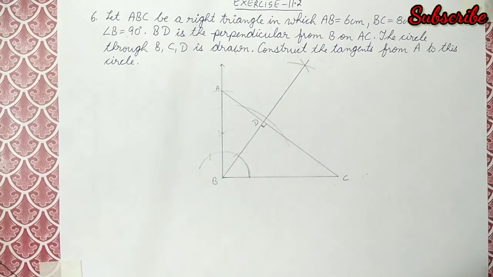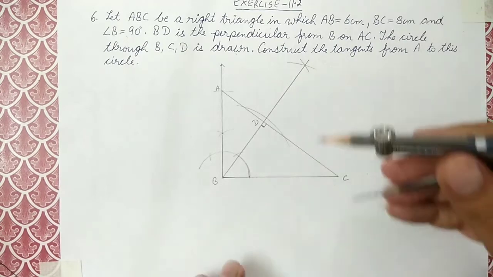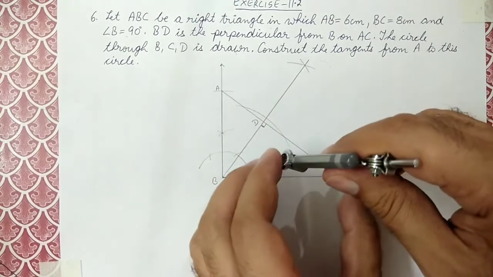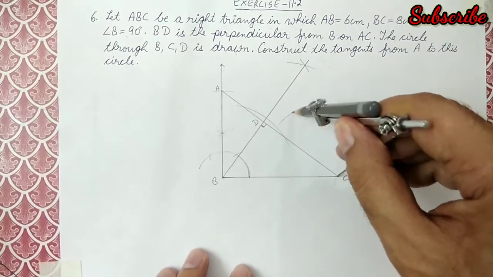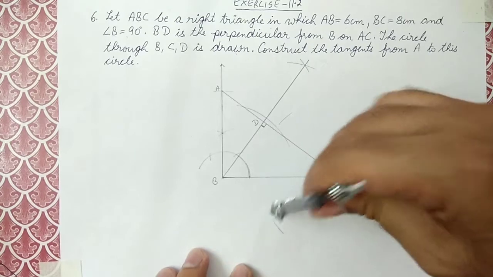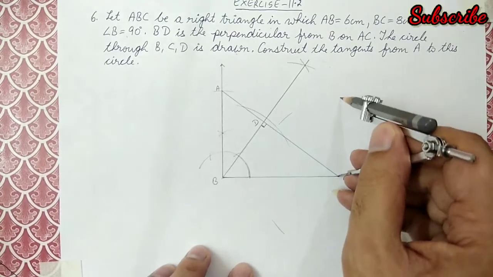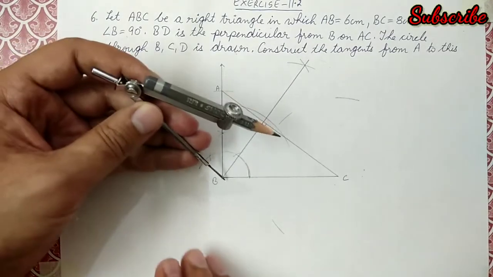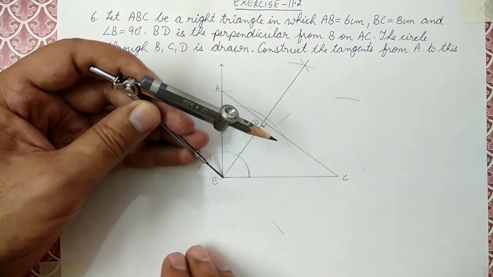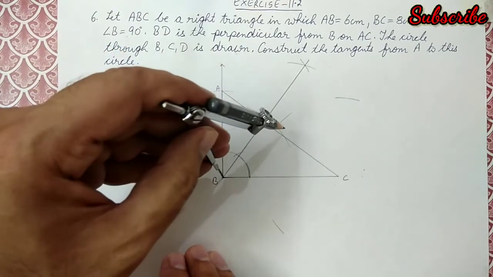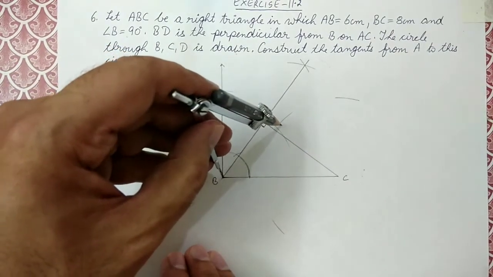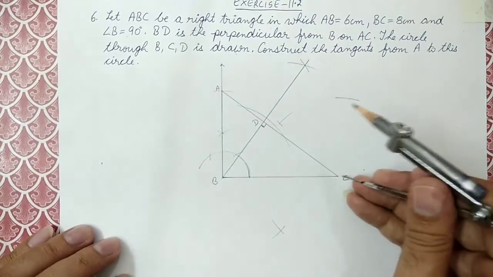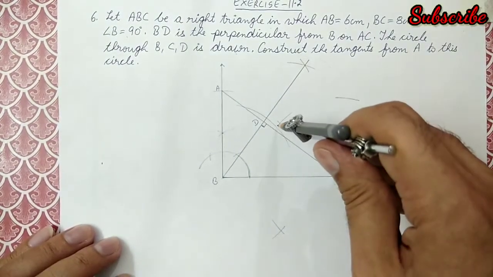So for that, we take the compass, open a little bit more than half of the BC. I'll just mark an arc here and then here, and then I have to draw for BD also, so I mark here also, and then keeping the compass at B point, this is the B point, and I have to get the point, and here just extend it a little bit.